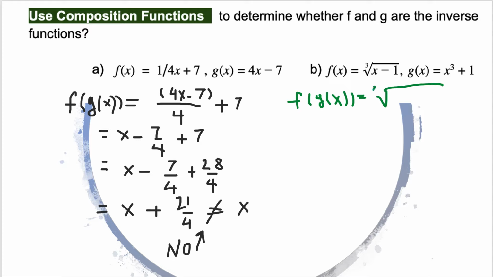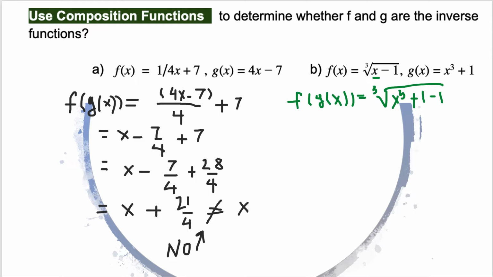Instead of x, I am plugging in x cubed plus 1. Here is x cubed plus 1, and here is a minus 1.